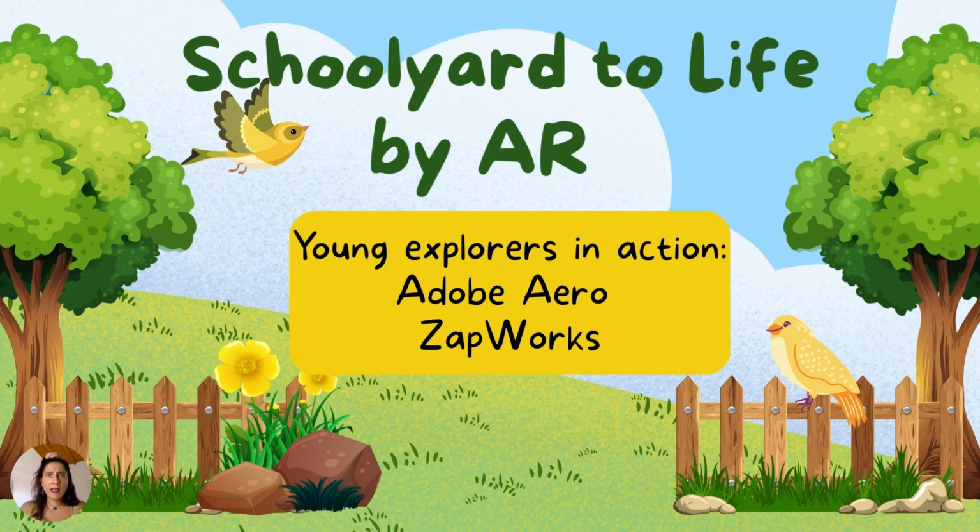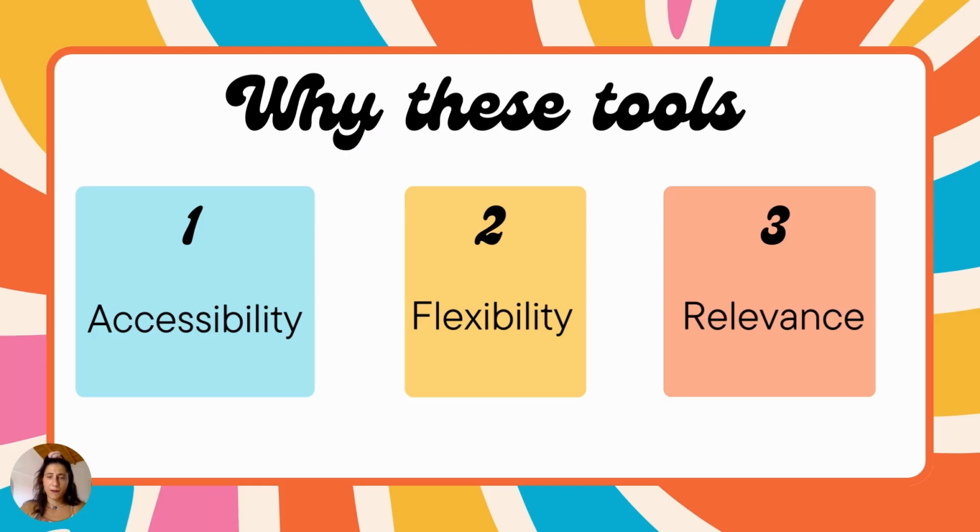So, today I will show how these two tools can turn our schoolyard into an interactive science lab, connecting digital experiences with real world environmental learning. These tools were chosen specifically for three key reasons.